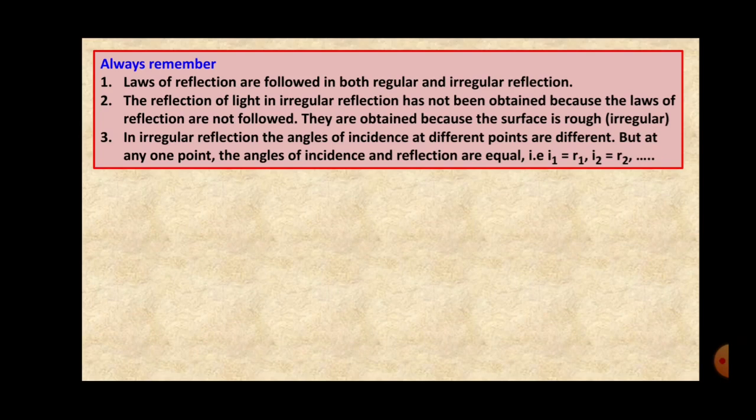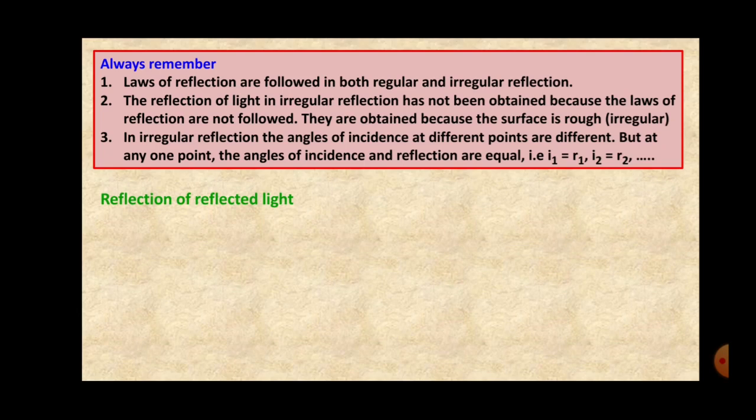It is irregular reflection. And in irregular reflection, the angle of incidence at different points are different. But at any point, the angle of incidence of that ray will be 100% equal to the angle of reflection at that point. Okay. Now next we are going to study about the reflection of reflected light.